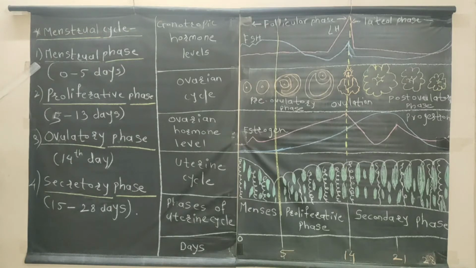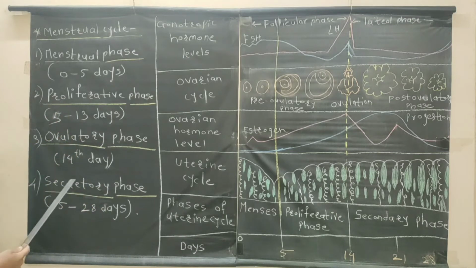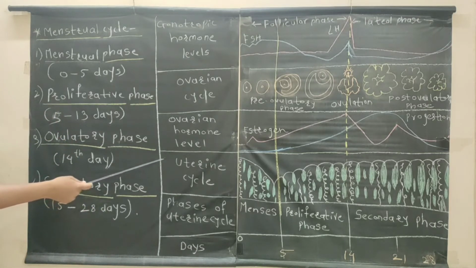First is the menstrual phase, second is the proliferative phase, third is the ovulatory phase, fourth is the secretory phase. On the basis of the graph, these 4 phases are explained. So we will see these phases along with the graph.